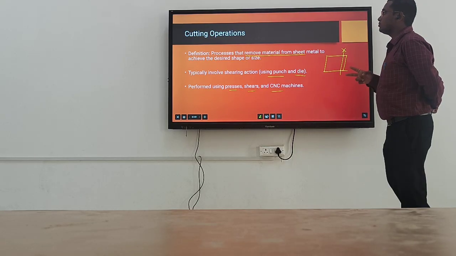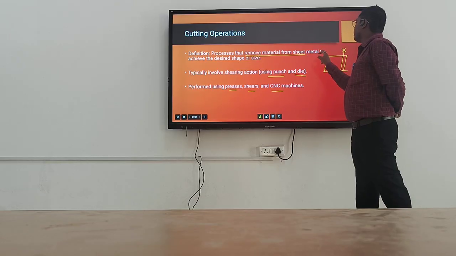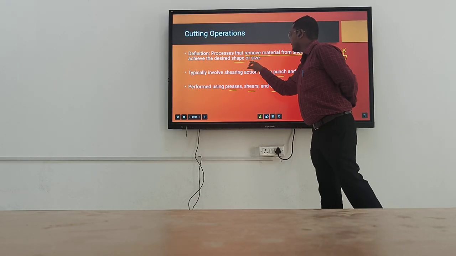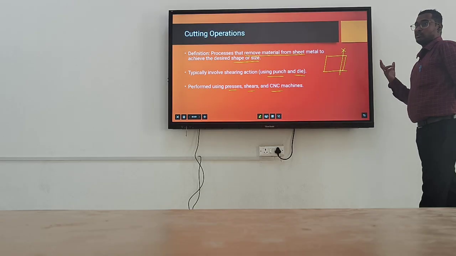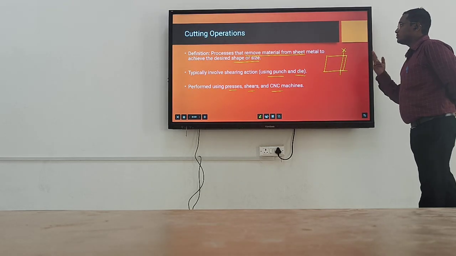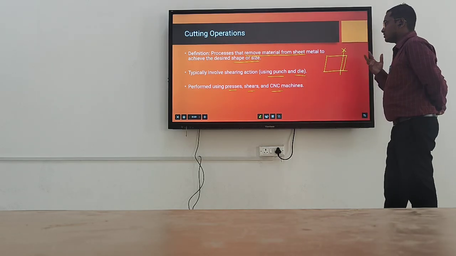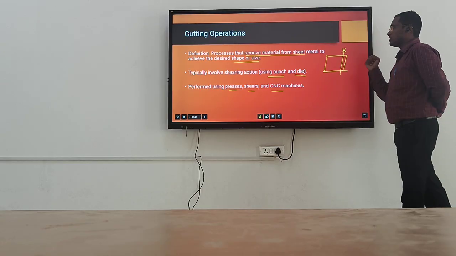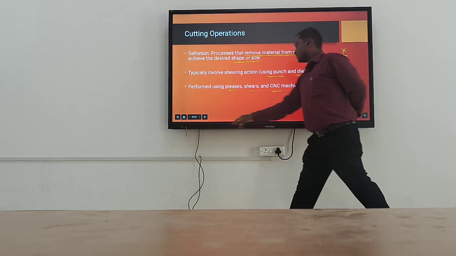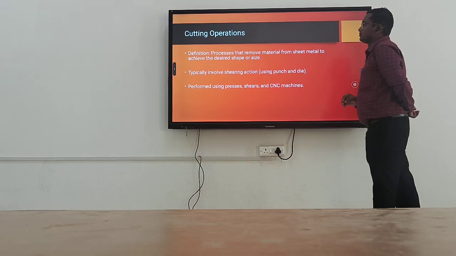Basically, cutting operation means we remove material from the sheet metal to get the designed shape or size, cutting the sheet in the appropriate design shape.